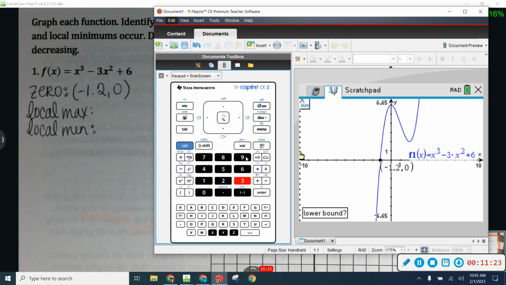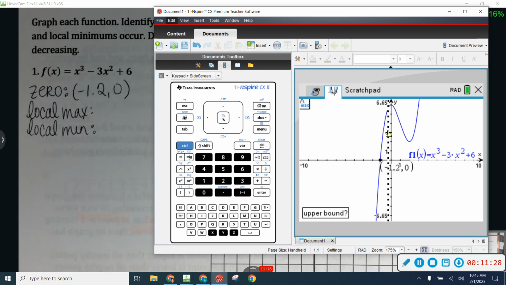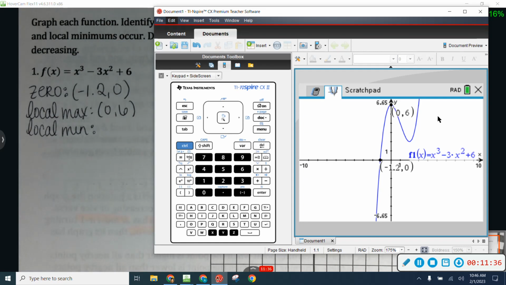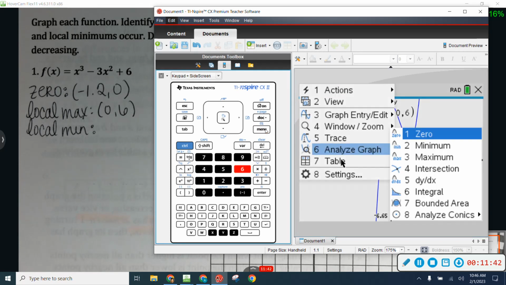And you treat it the same way you do zeros. You go to the left of it, hit the center button, scroll over to the right of it, hit the center button. So your local max is 0, 6.